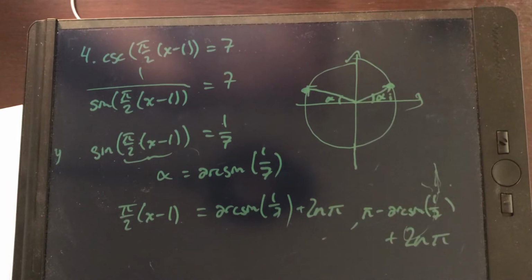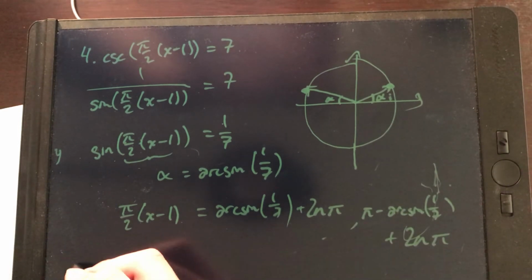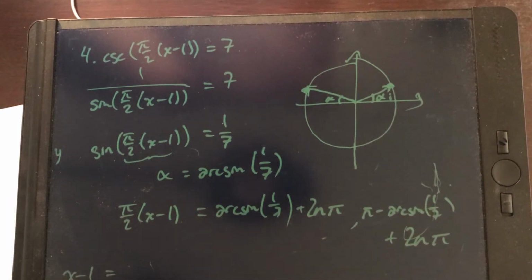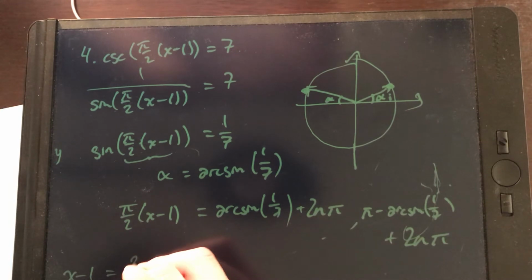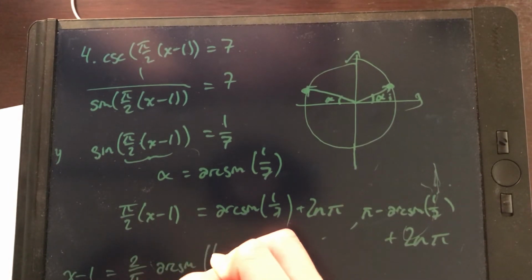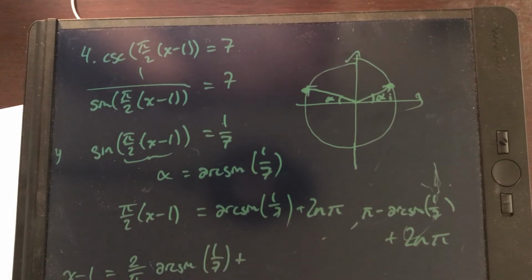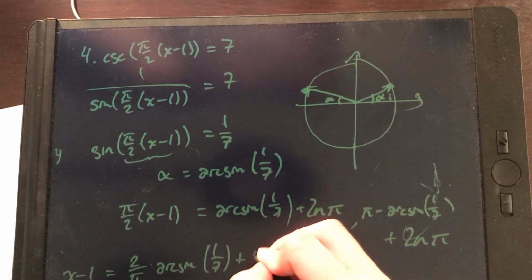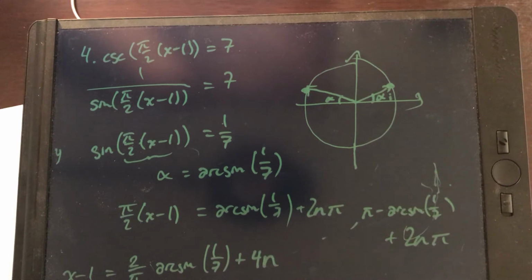It's gone a little messy here and there's not a lot of room to write, but I'll keep going. X minus 1 is equal to, I'll just divide by pi over 2 on both sides. So I have 2 over pi inverse sine 1/7, and then plus, boy, this is a little tricky, it's actually 4n.